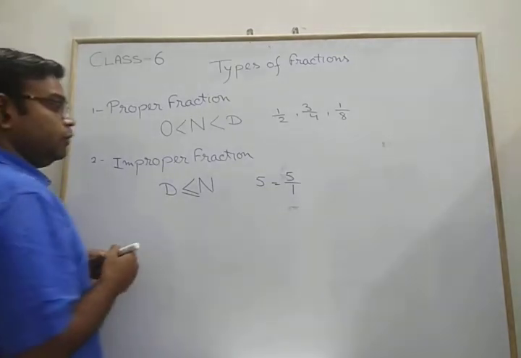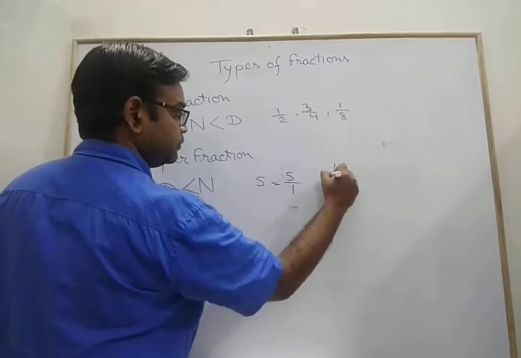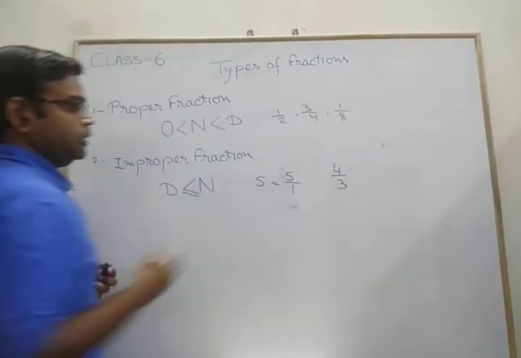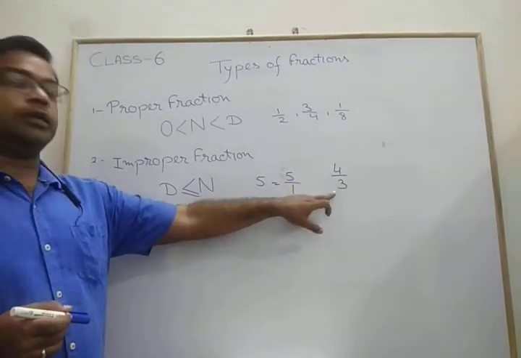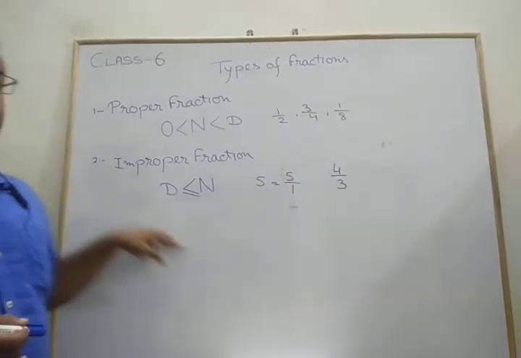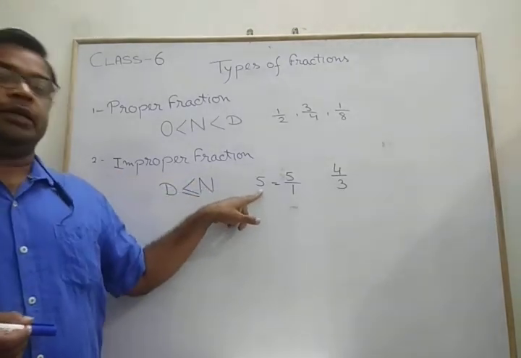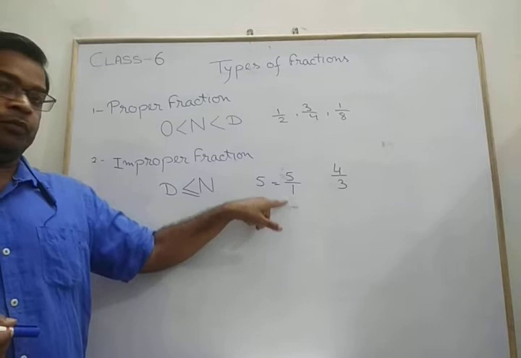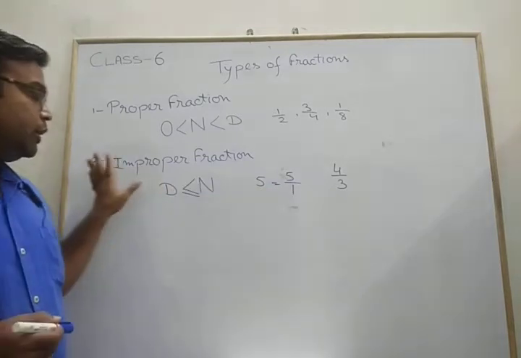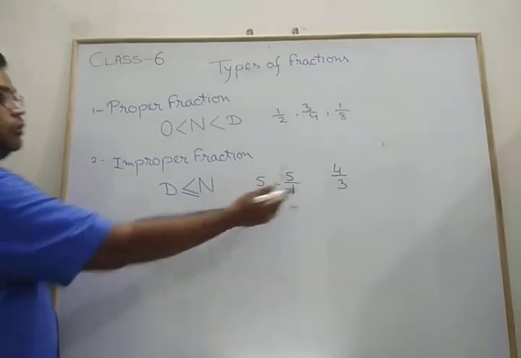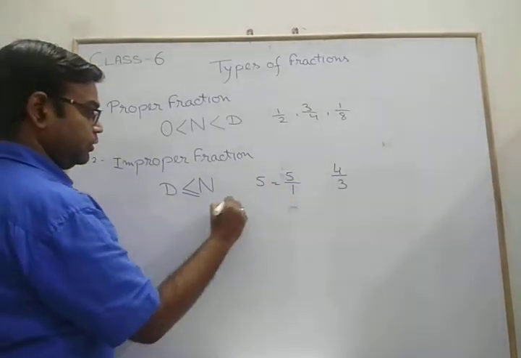One more thing: suppose I choose the fraction 4 upon 3. When we check, numerator is greater than denominator, so it's an improper fraction. Again, the natural number 5 is represented as 5 upon 1, so this also comes under improper fraction.